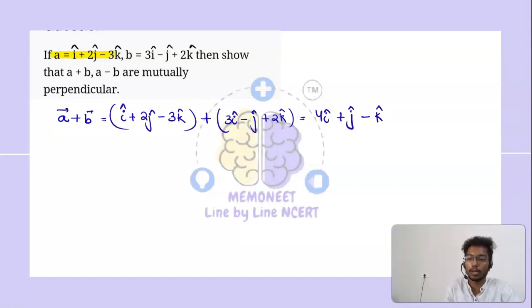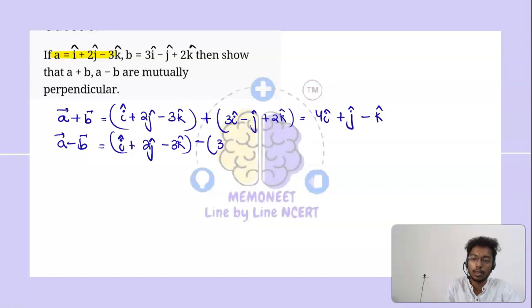So this is A plus B, and for A minus B we have I cap plus 2 j cap minus 3 k cap minus 3 I cap minus j cap plus 2 k cap.